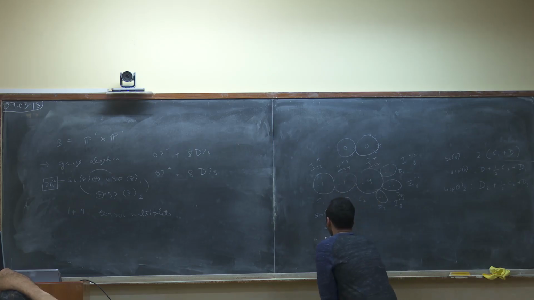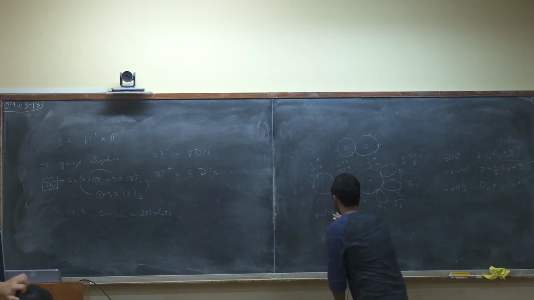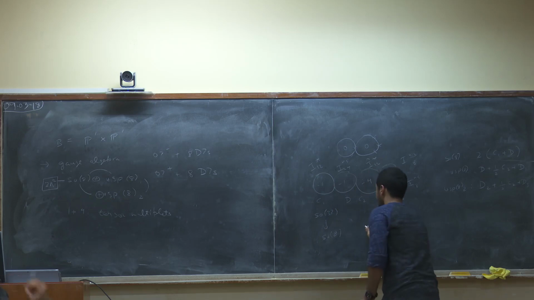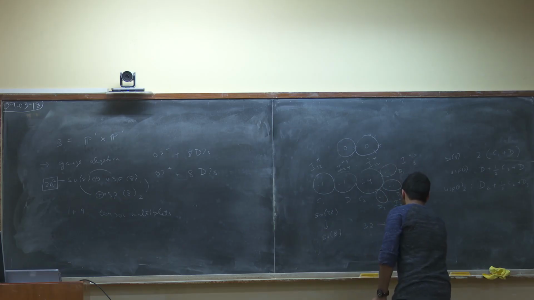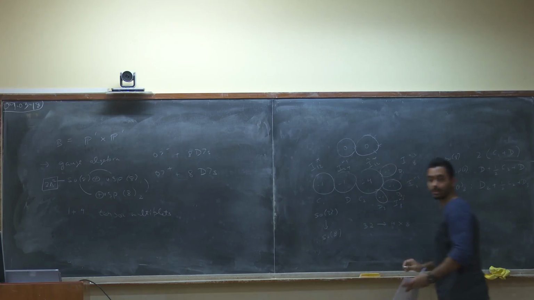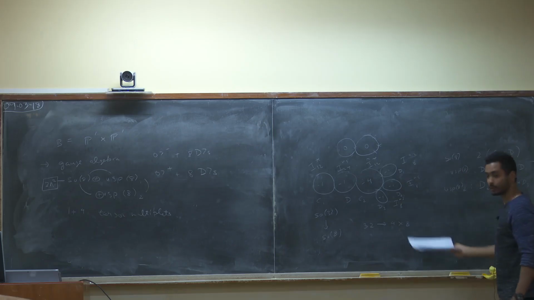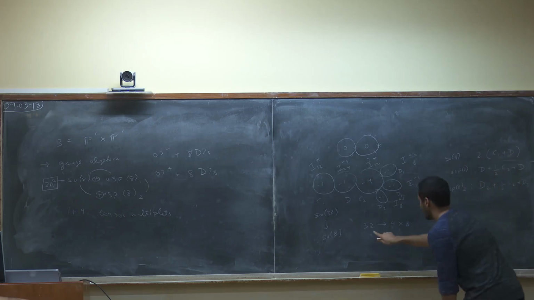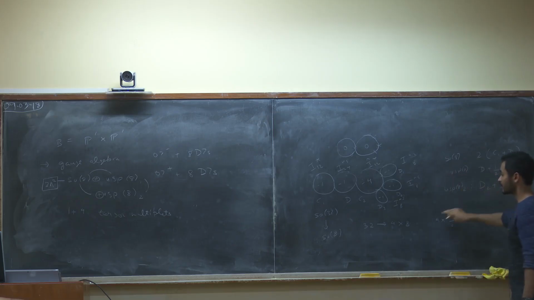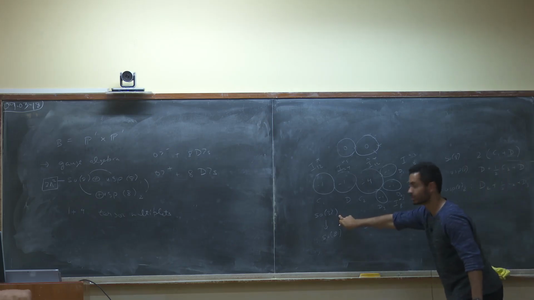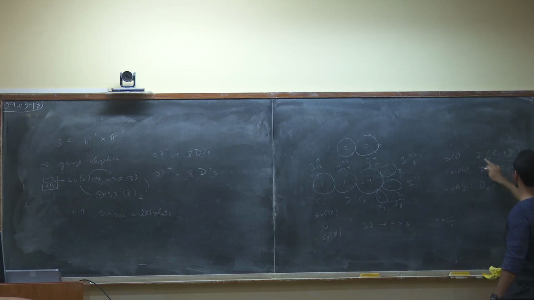I'm proposing that the breaking is such that the 32-dimensional representation of SO32 breaks into 4 times the 8-dimensional representation of SU8, and so you will get a factor of 4 times a half. The half is coming from the conversion of SO to SU, so you get a factor of 2 attached to C1.